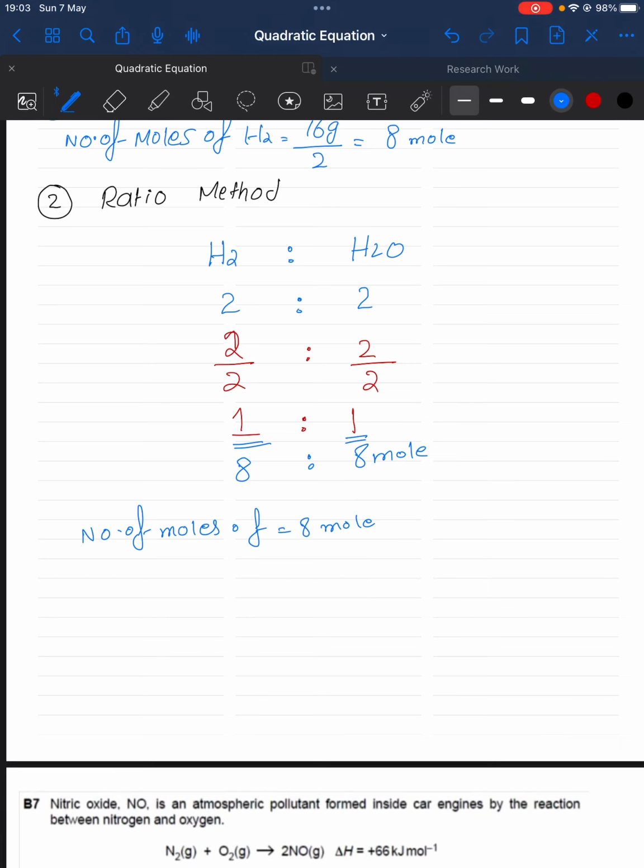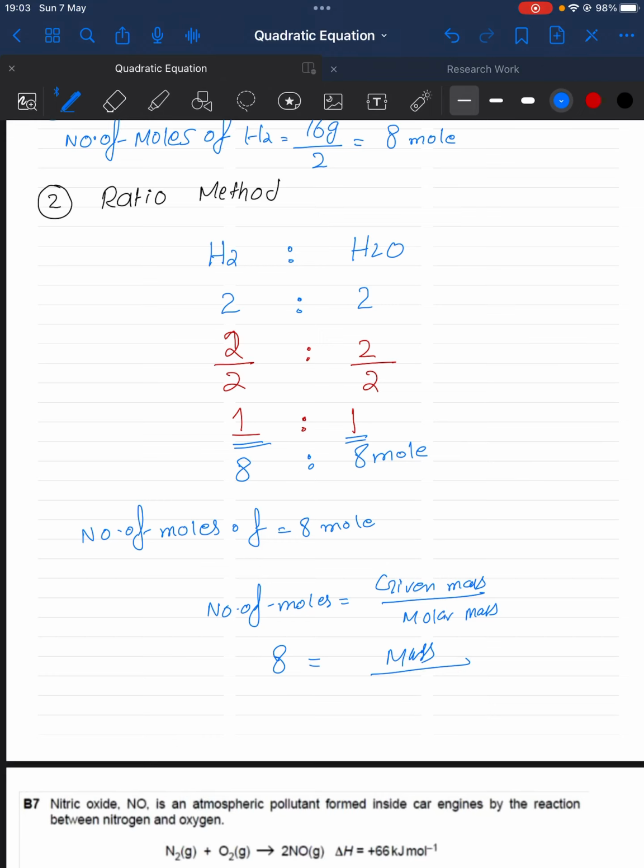And if I want to find out how many grams of water will be produced, we know that number of moles is equal to given mass over molar mass. The number of moles of water is 8, and we have to find out the mass.